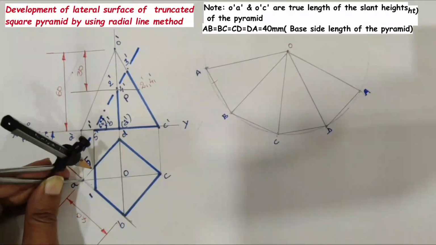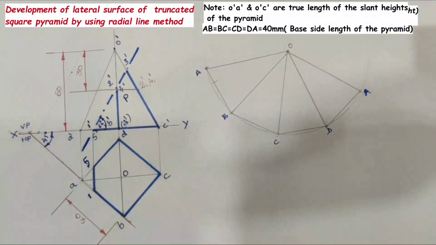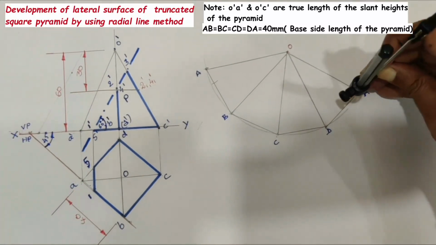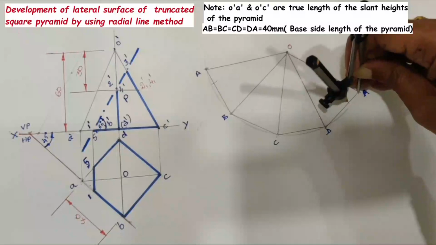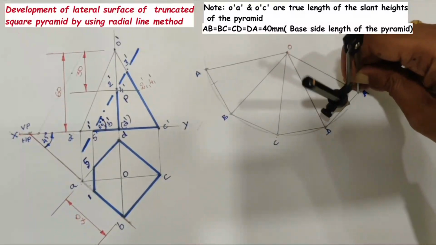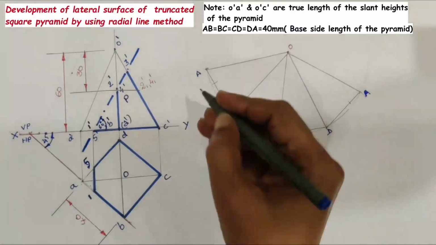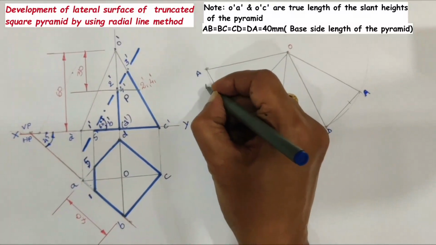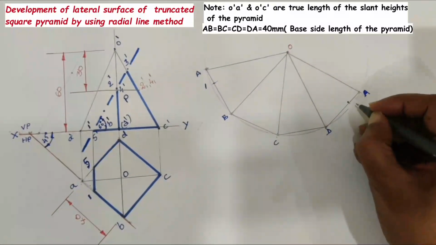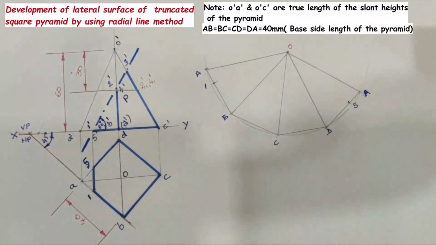Similarly, A5 also with the same radius. So A as a center, A5 as a radius, draw an arc on the AD base side in the development. Then name this point as 1 and this point as 5.